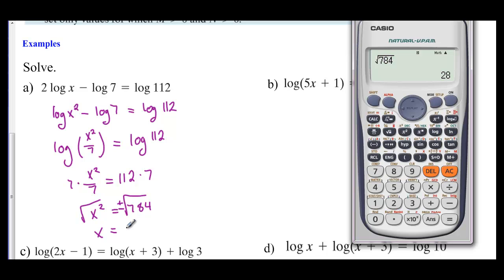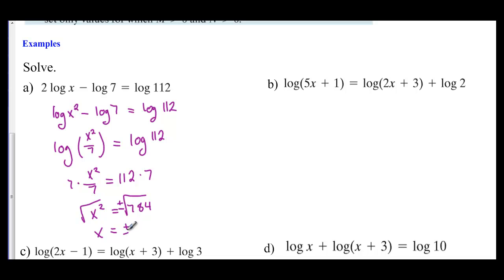Okay, 28. So x equals plus or minus 28. We're going to look back up to the original problem. The only x is right here. We cannot use negative 28 here because I'd be trying to take log of a negative number. So x equals 28 is going to be our answer.